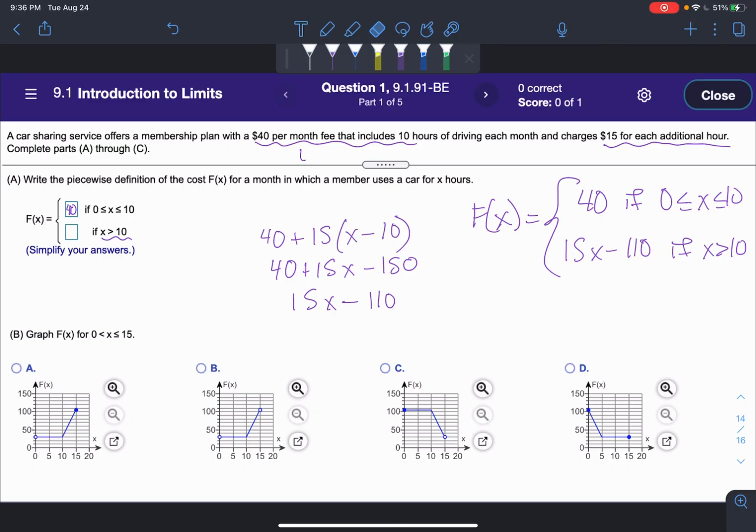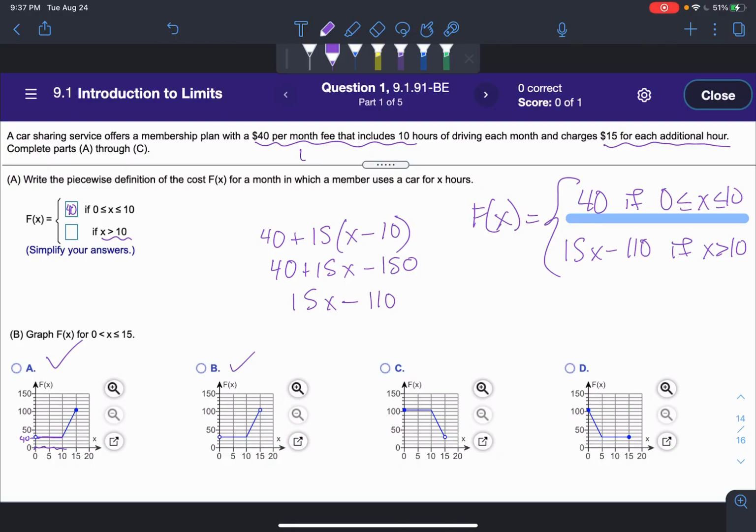So let's first look at this first half. When my x is between 0 and 10, I want my function to take on values of 40. So let's look at our graph. Here, this is about 40. So from 0 to 10, my function is 40. So A checks out. B is similar, so that also looks good.